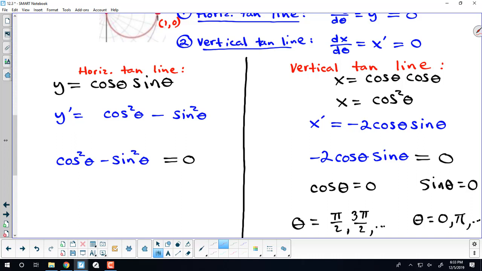We can't really solve it as is, or maybe we could, but the identity is super helpful here. Cosine of 2 times theta? Yeah, it's cosine of 2 theta. So cosine squared minus sine squared is cosine 2 theta.